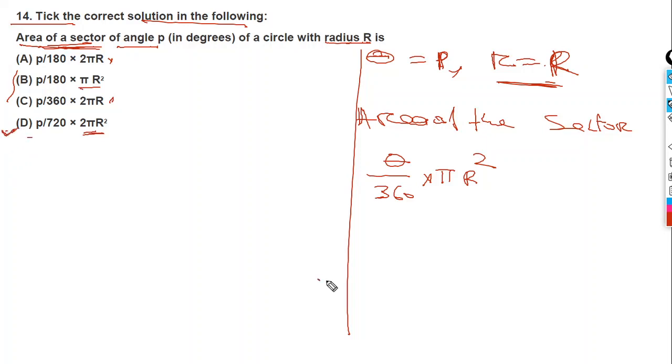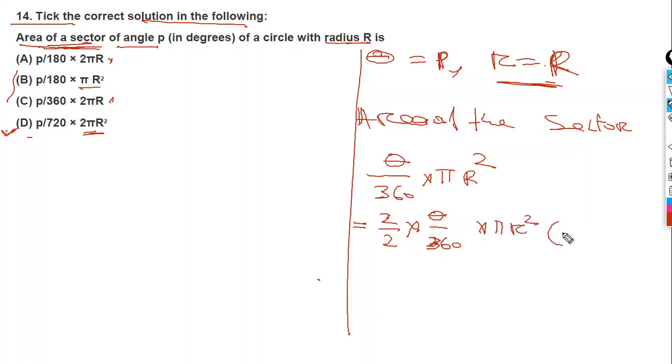How? You see, what we will do, we will multiply 2 on both sides, in numerator and denominator. So it will be equal to 2 by 2 into theta by 360 into pi r square.